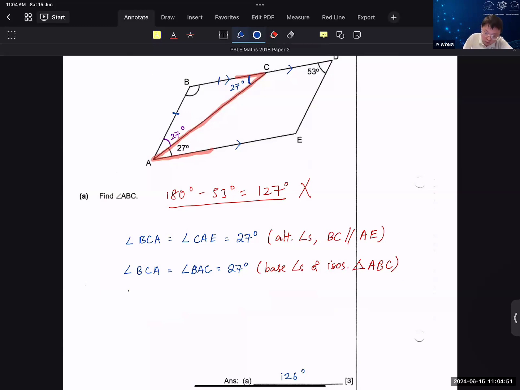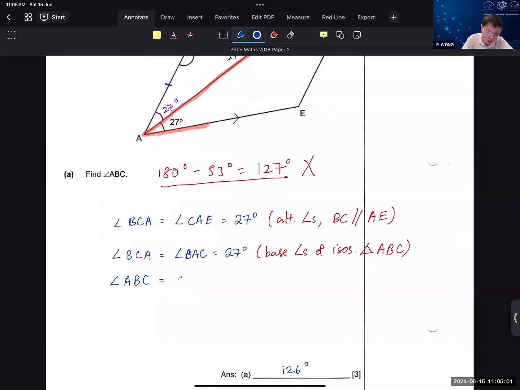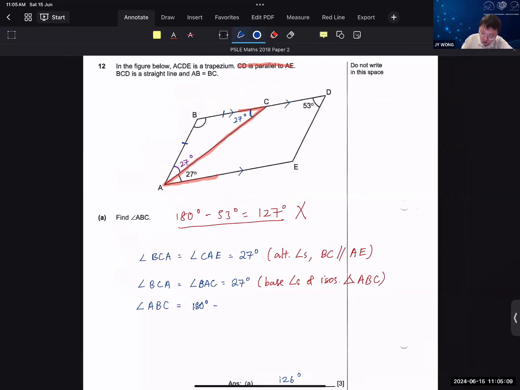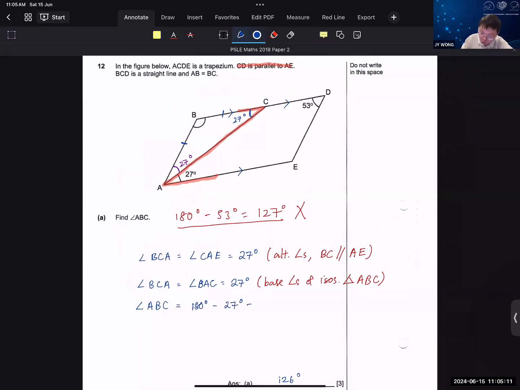And therefore, angle ABC is equal to 180 degrees minus 27 degrees minus 27 degrees to give you 126 degrees.